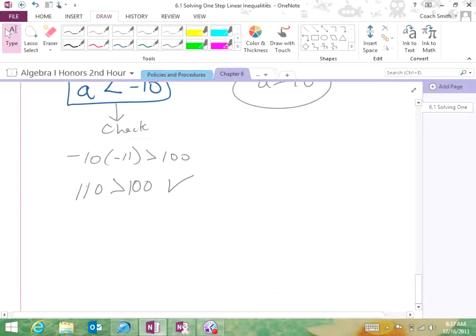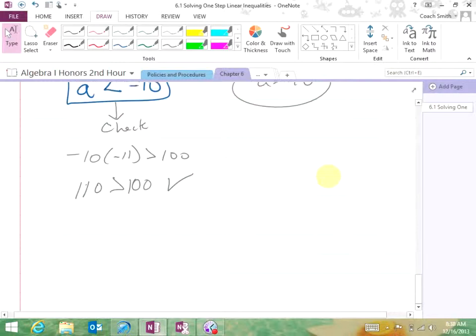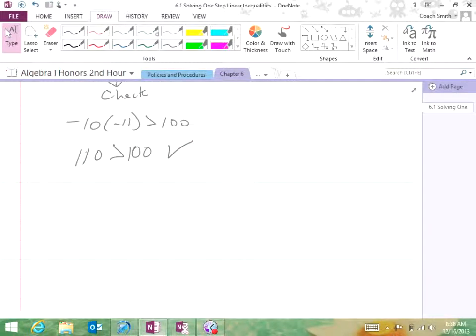Okay, so I want you to try this one. The answer to the problem that we're going to have in the work is a less than negative 10. All right, look at this one. 2.1x is less than or equal to negative 10.5.